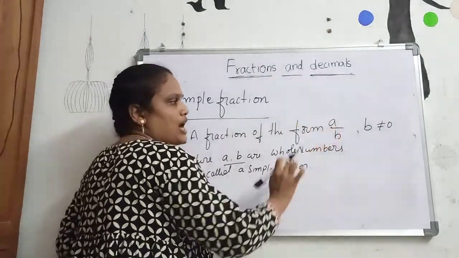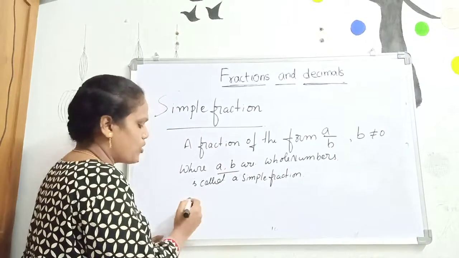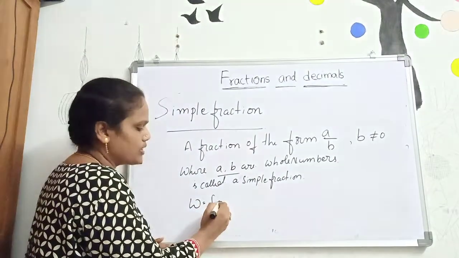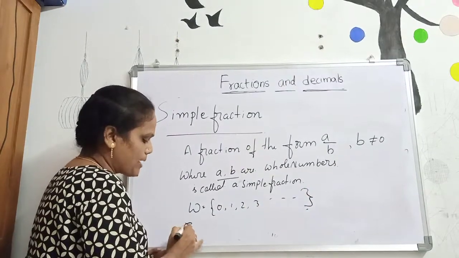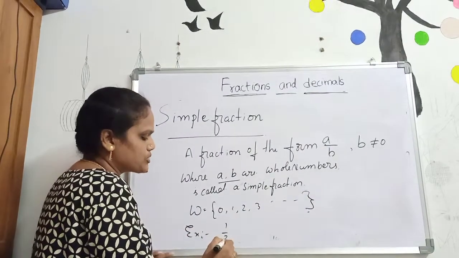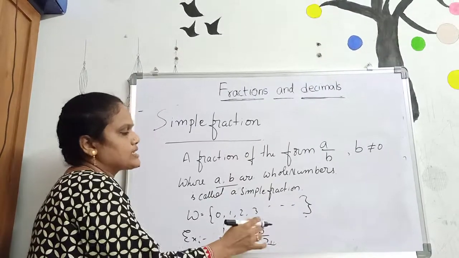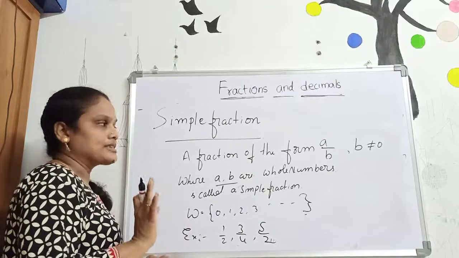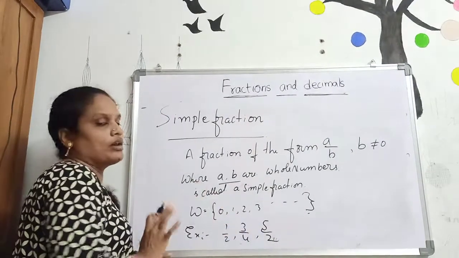Whole numbers are 0, 1, 2, 3, and so on. For example, 1 by 2, 3 by 4, 5 by 2: all these fractions are called simple fractions, where a and b are whole numbers.